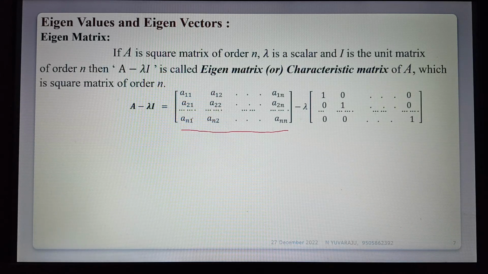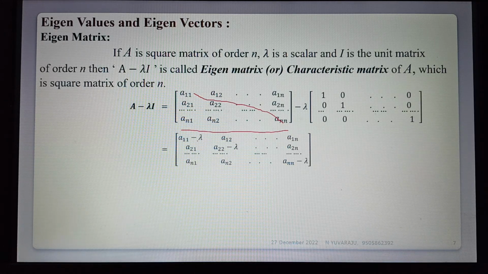Observe that only the diagonal elements change, the remaining stay the same, because the rest are zeros. In the unit matrix only the diagonal elements are 1, so only the diagonal elements change: a11 minus lambda, a22 minus lambda, and so on up to ann minus lambda. The matrix changes only in the diagonal elements, the rest is the same as in A. So this is called the eigen matrix of the given matrix A.